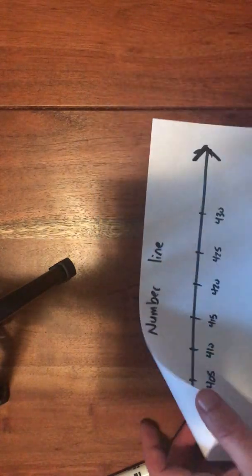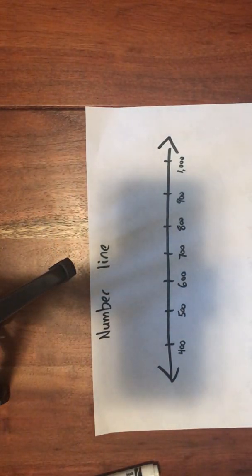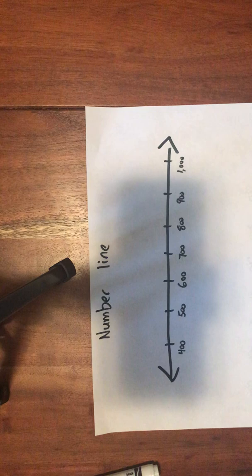Here's a 400. Here's a 400. Both of these number lines skip count. Neither of these number lines just go up by 1. The first number line shows skip counting by 5s, but this one doesn't. This one is different because this one shows skip counting by hundreds.